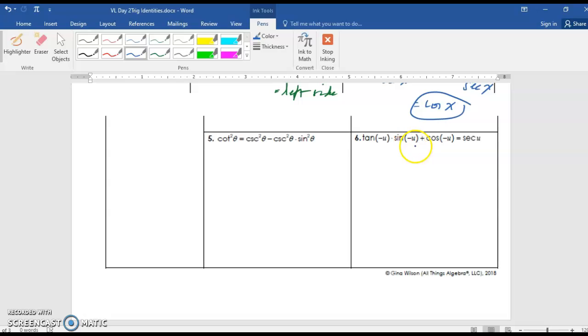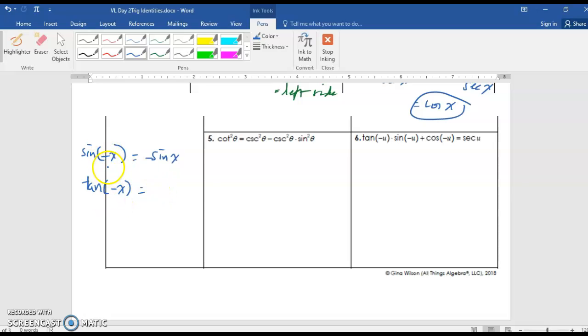So these are odd and even functions. So sine of a negative angle x is negative sine x. Same with the tan. Because if you recall the graphs of sine and tan from the last unit, we talked about this using the graphs.